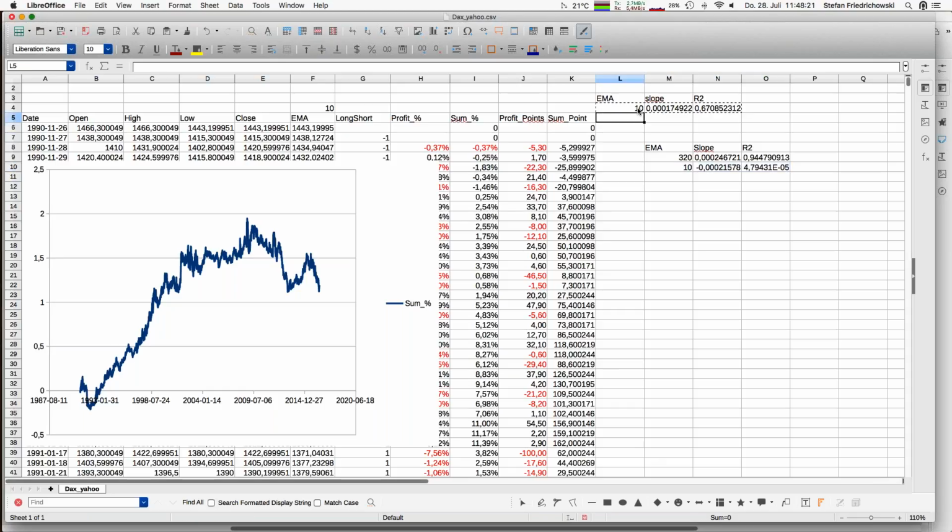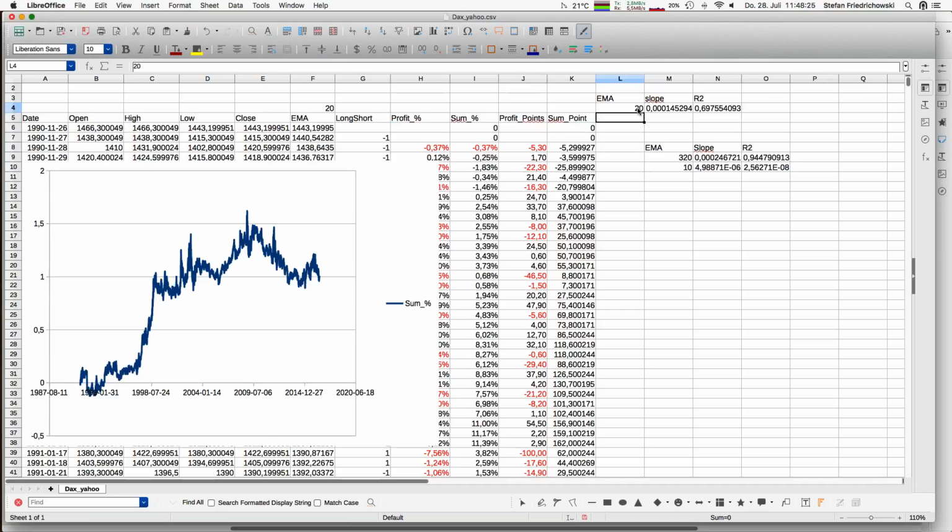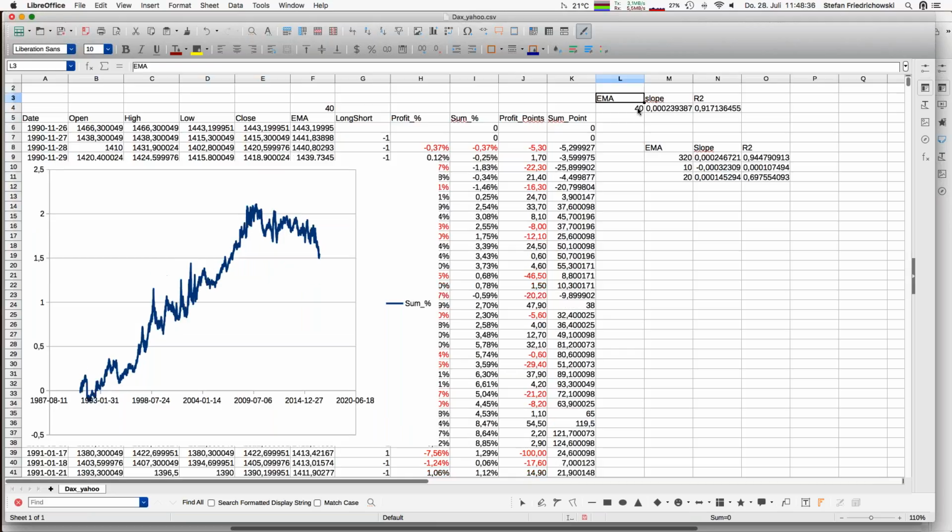And let's do the steps as previously. For 20, for example, and so on and so on. Let's do that step quite quickly.